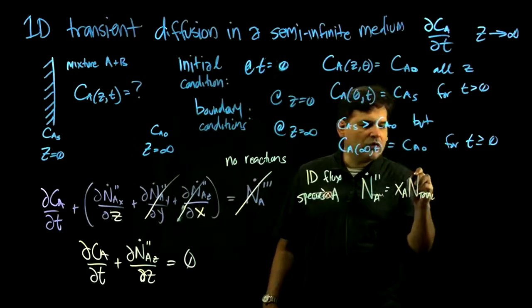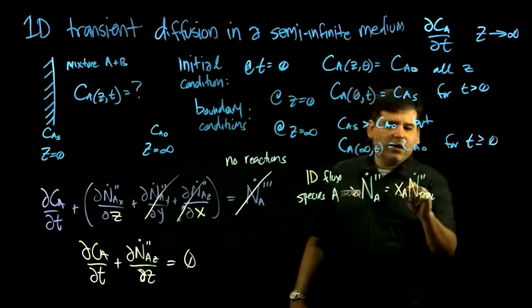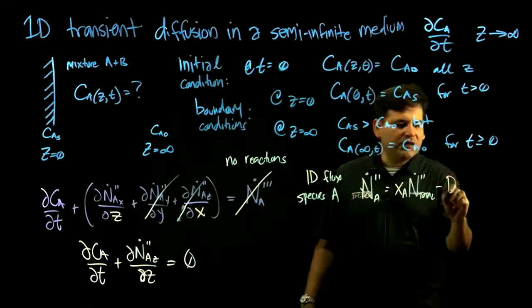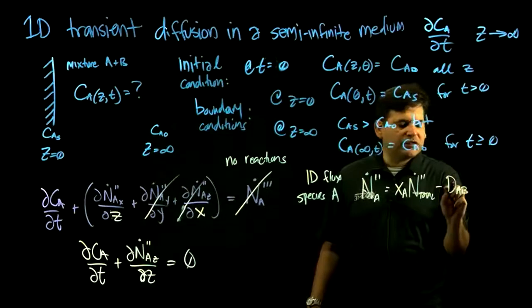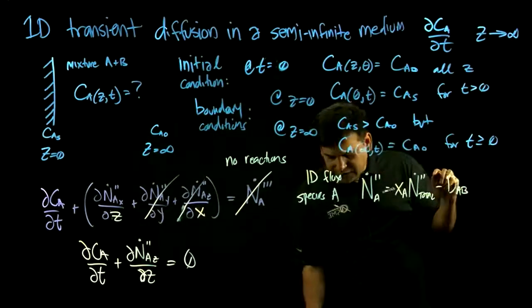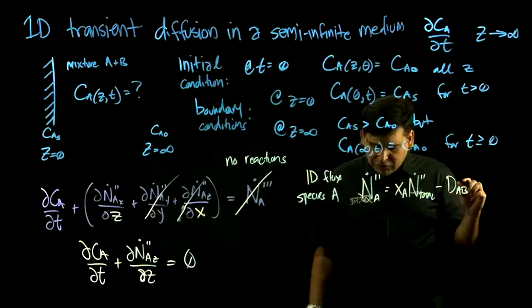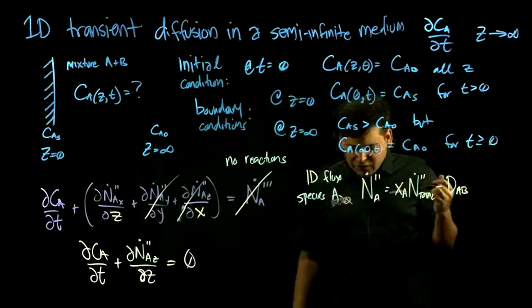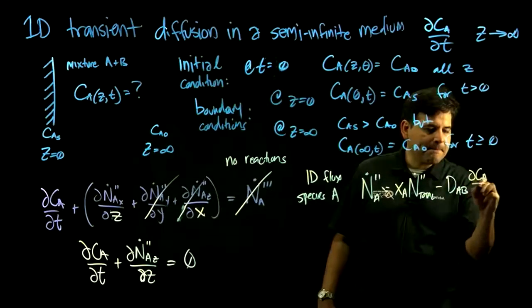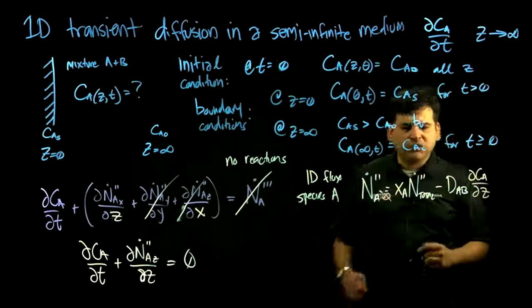This is the bulk motion. It's taking some of these species, minus some diffusive flux. If it's a binary mixture, it's just a binary diffusivity. And you also have this contribution of the concentration gradient driving that. Choosing z here.